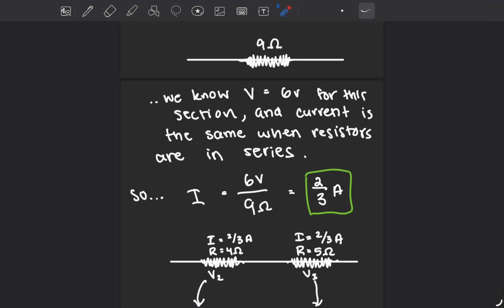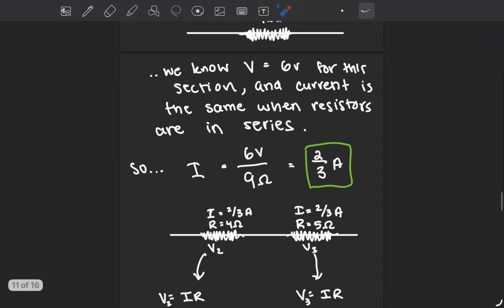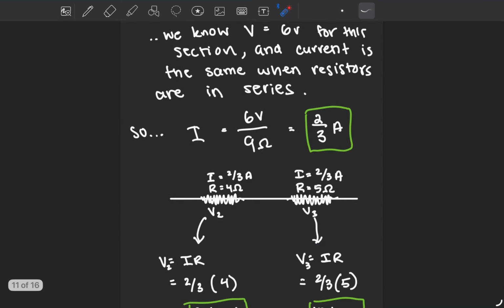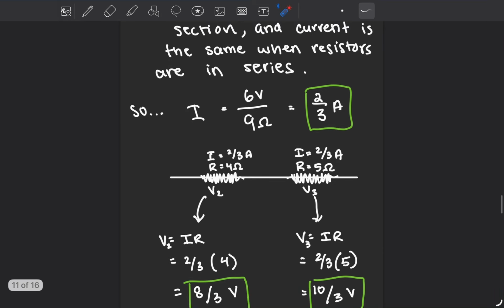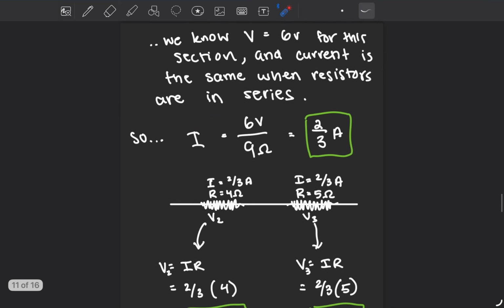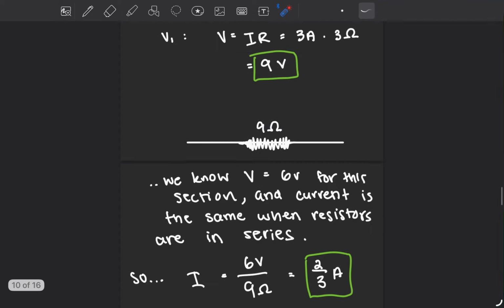And when resistors are in parallel, they both have the same voltage across them. So on the top portion, to find the current, which is the same when resistors are in series, we have 6 volts over 9 ohms, so 2/3 amps.